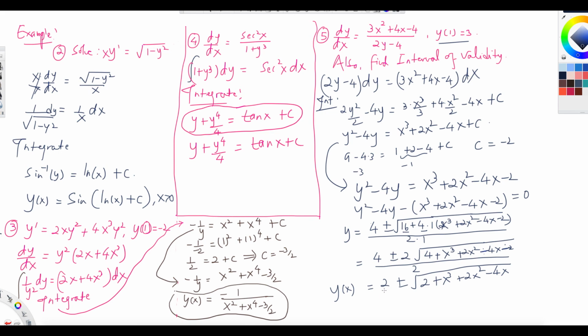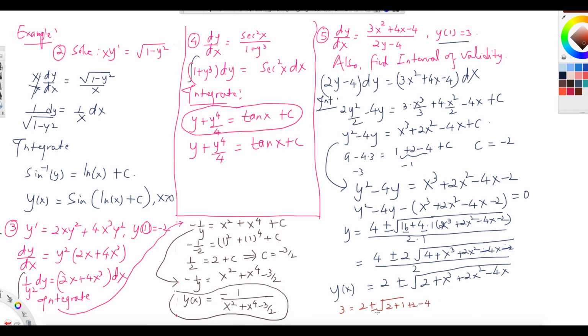Which one is the right answer you need to check by plugging in. Which one satisfies? Let's plug in 3 for y and 1 for x. Which one gives you the right answer? So 3 equals 2 plus or minus the square root of 2 plus 1, because 1 cubed is 1, plus 2 minus 4.